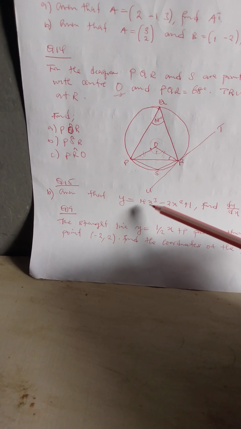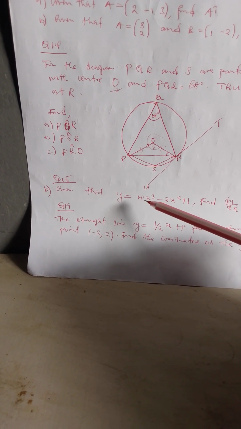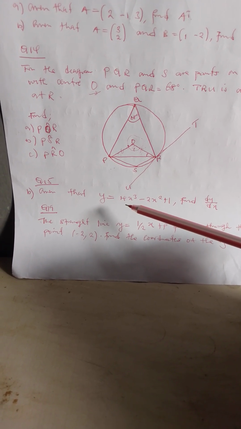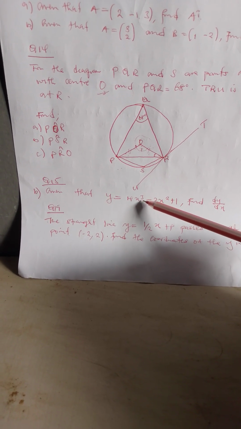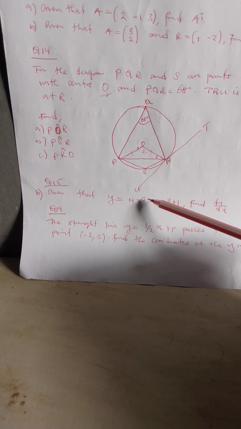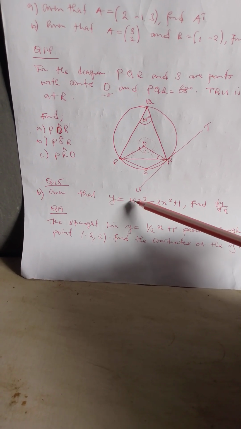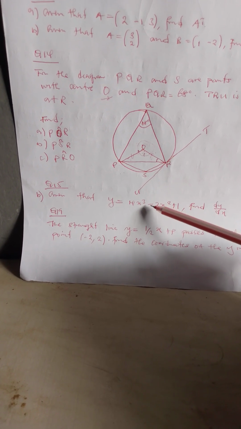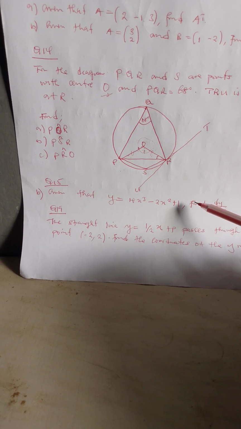It's not that they always give you x, they can also give you other variables, but the strategy you can use is to multiply the power by the coefficient. So in this case it will be 3 times 4, then on the power you subtract 1. That's what we are going to do in this question.